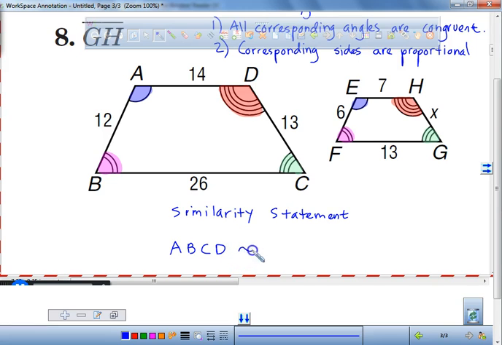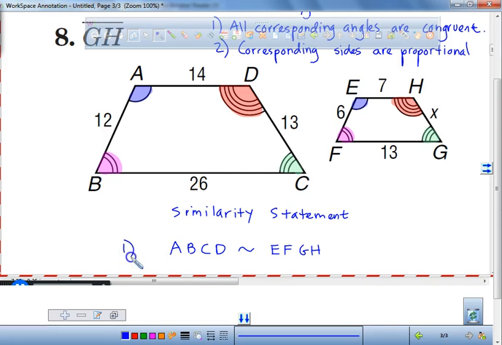So we have a little similarity statement. We have to go in the same order. So if I go A, B, C, D, I have to go E, F, G, H. So it's similar to E, F, G, and H.